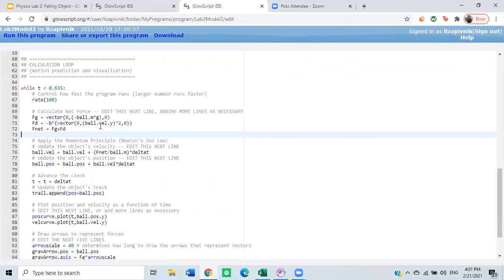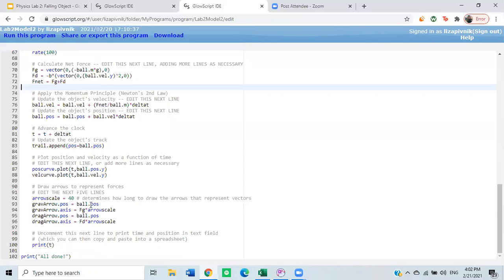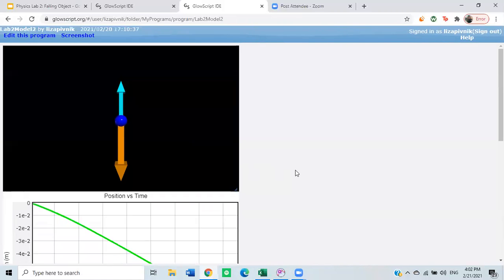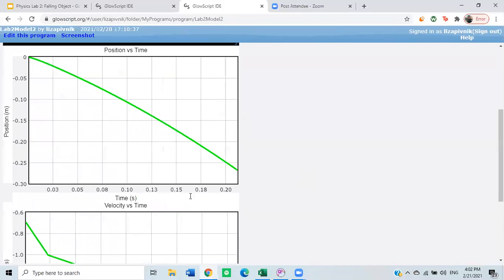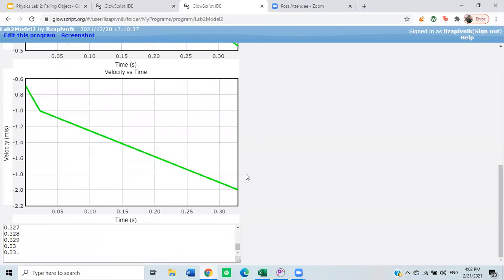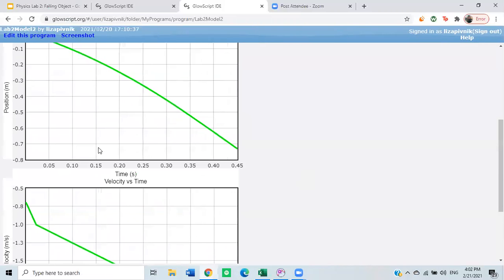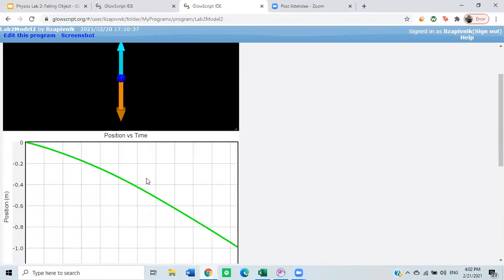And we see that I squared the y velocity and then multiplied it by the proportionality constant. And our F net is just these two forces added together. And then everything else is the same, including the arrows. When we run this program, we can see what this looks like. We have an arrow pointing up, slightly different position graph, and a slightly different velocity graph. And the final position on this position versus time graph should be the same as the observed.